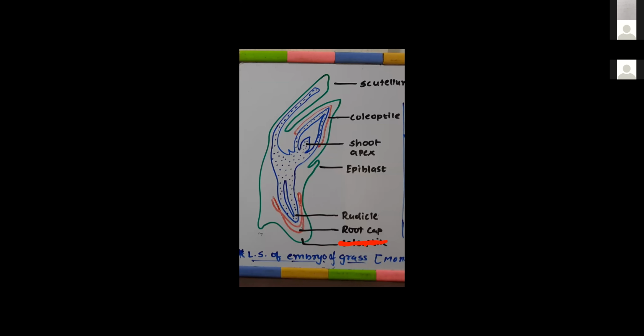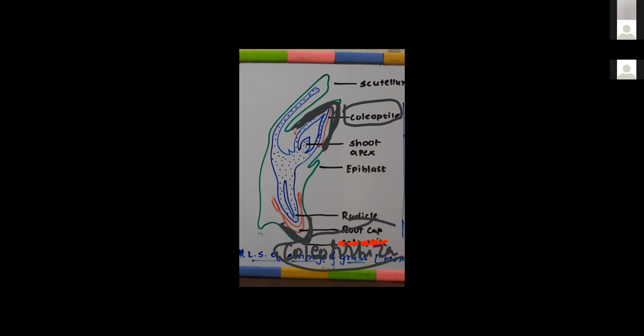That protective sheath is termed as coleorhiza. And the plumule, the shoot apex, remains protected in a protective sheath called coleoptile. Now, this is something which was not seen in the embryo of dicot.